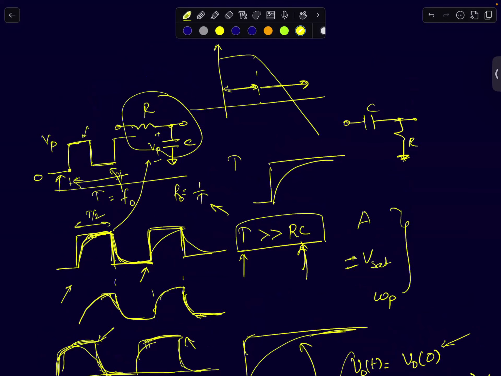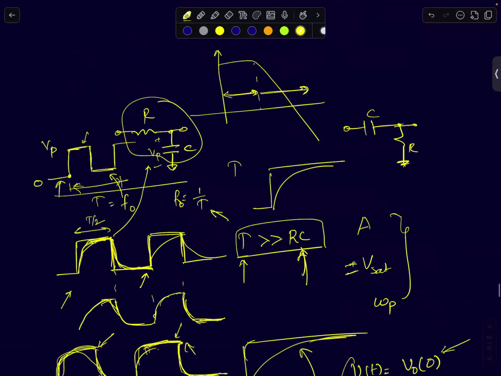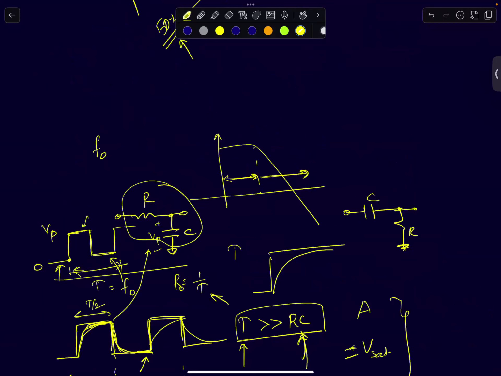So if you see a waveform which is getting charged to its final value and then decaying back again to its final value, what can you say in terms of frequency? Let F naught be the fundamental frequency, and the bandwidth of this RC circuit, let's call it FBW, which will turn out to be 1 by 2 pi RC.